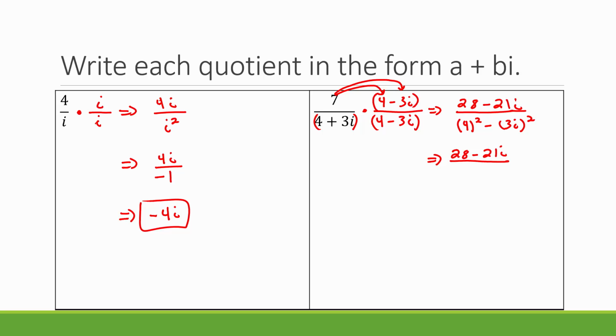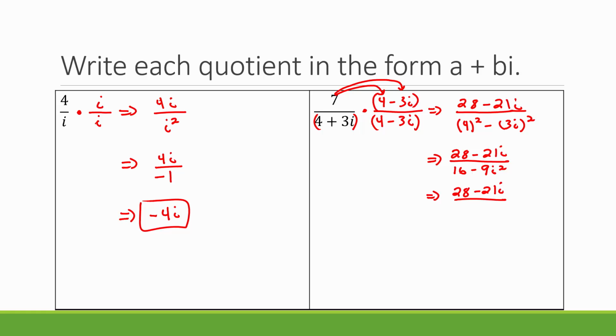So 4 squared is 16. 3i squared is 9i squared. Remember, I squared, not underneath the radical, is negative 1.